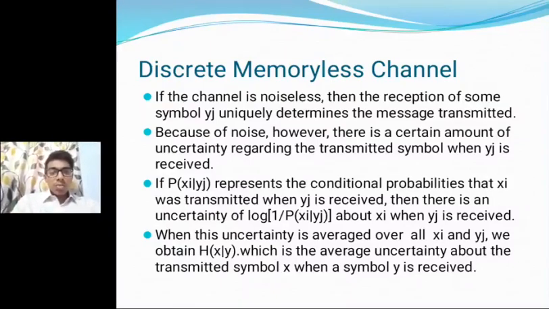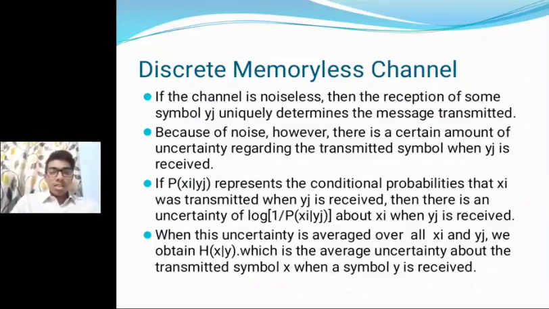Let us assume there is uncertainty in receiving yj when xi is transmitted. If p(xi/yj) represents the conditional probability that xi was transmitted when yj is received, then we define the uncertainty as log 1 by p(xi/yj), about xi transmitted and yj received.